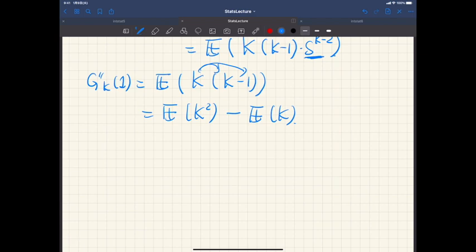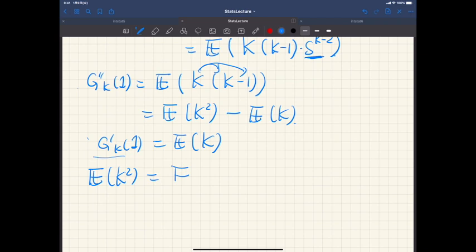So if you combine this with the previous result, where we got the expectation value of k in terms of the first derivative of the PGF, then you have the expectation value of k squared. So add this and this: G double prime plus G prime.